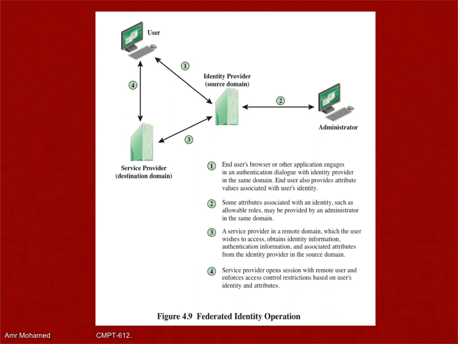So what do you mean by data consumer? Which one is the data consumer? The data consumer here is the service provider. For example, the generic Google system itself is the identity provider, right? So the Google system maintains your identity.